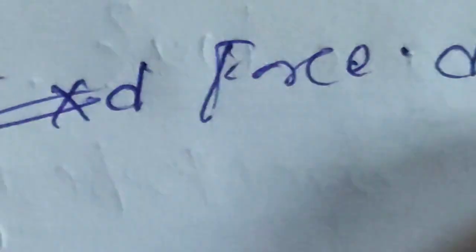Both are vectors, so the dot product becomes F s cos theta, where theta is the angle between the two vectors. So this is the formula.